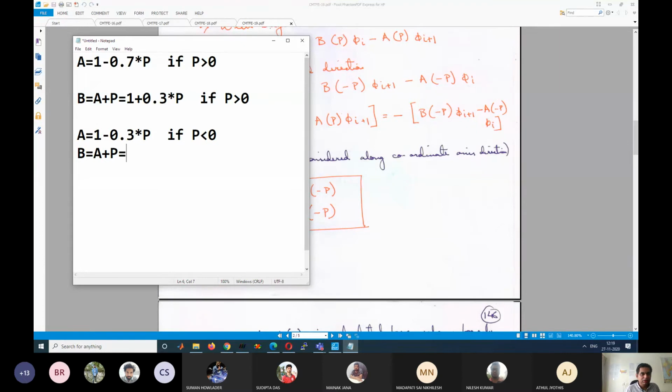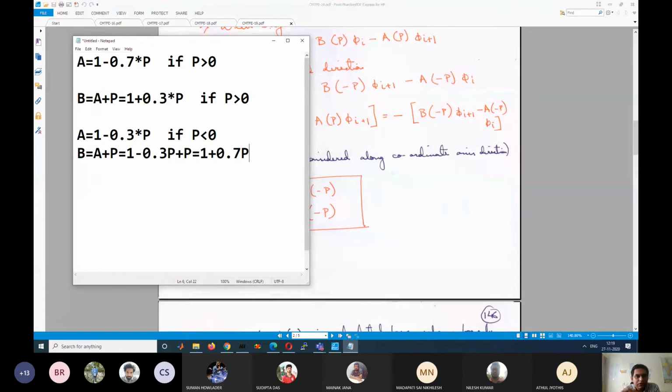What expression will I use for a here? If p is less than 0, I will use this expression, not the other one. So 1 minus 0.3 p plus p is equal to 1 plus 0.7 p.